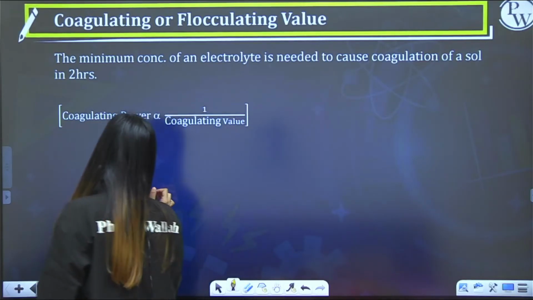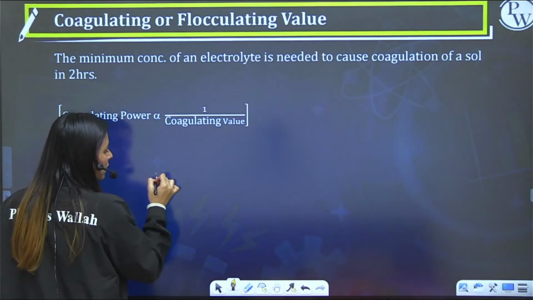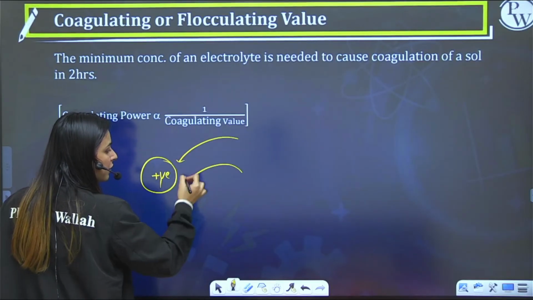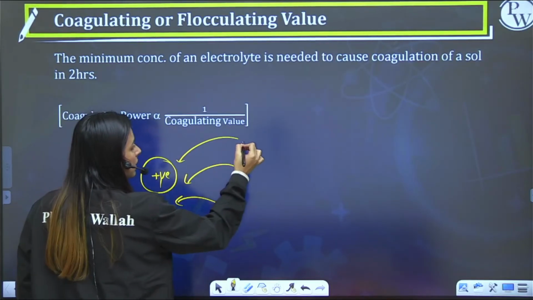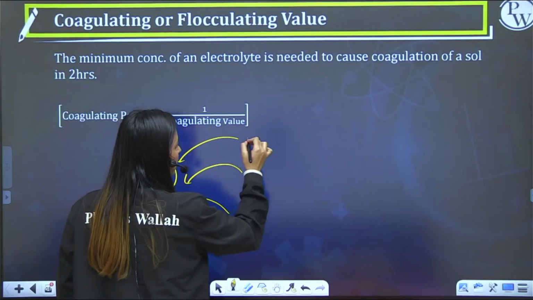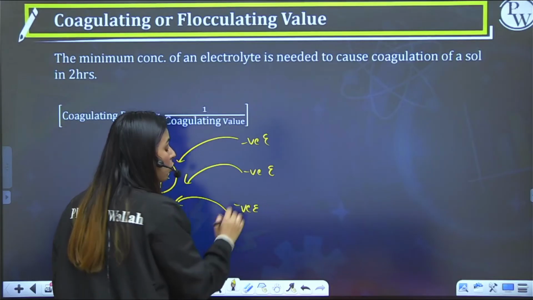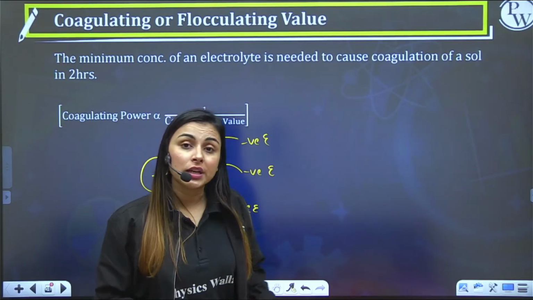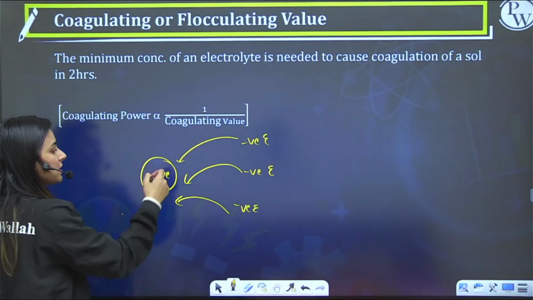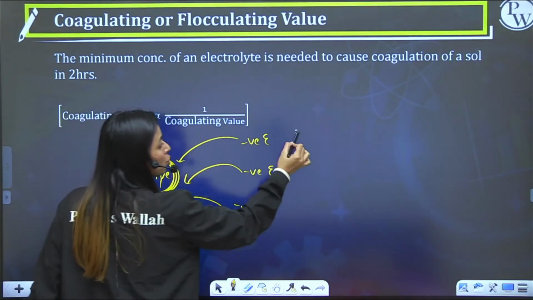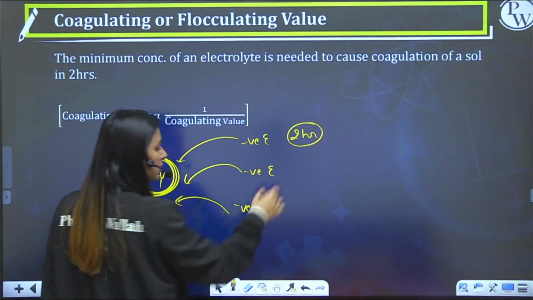Let's say you have a positively charged colloid, and you have some different negatively charged electrolytes. You keep coagulating the same amount of colloid for 2 hours with all these 3 electrolytes.